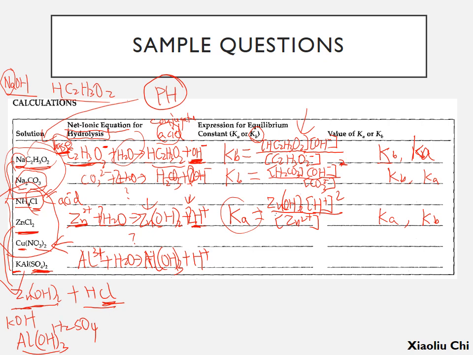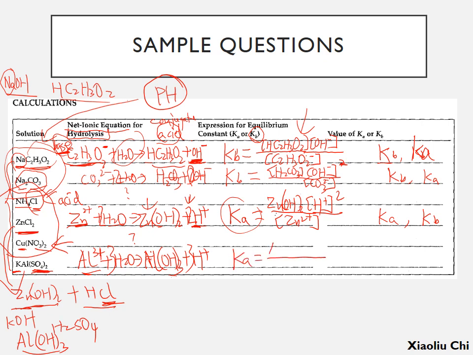You need 3 hydroxide, so you need 3 water, and you generate 3 hydrogen ions. In this reaction, again, aluminum serves as an acid because it takes hydroxide away from water. And so it's an acid, so you write the Ka.